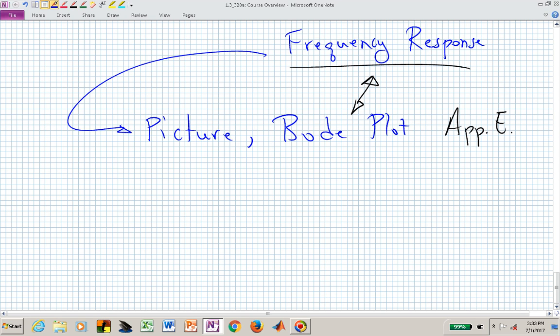Again, we'll be trying to become more comfortable with moving back and forth between frequency domain and time domain. What's happening in the frequency domain? It's sometimes nice to think about frequencies and frequency behavior of a circuit or system. It's also nice to think in terms of the time domain.